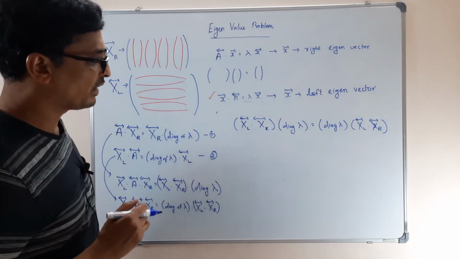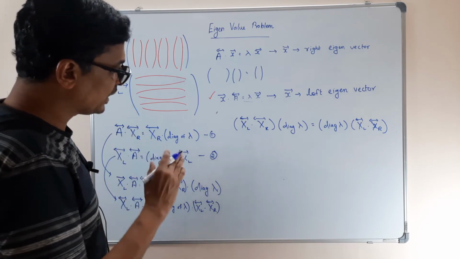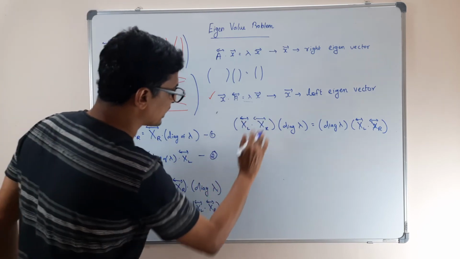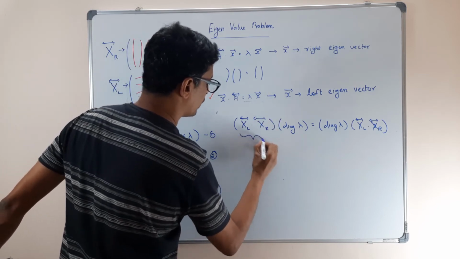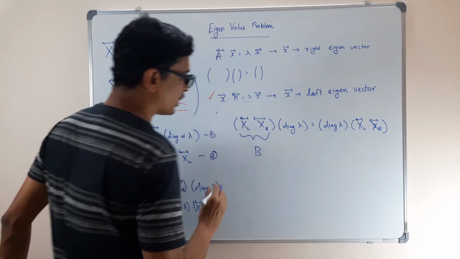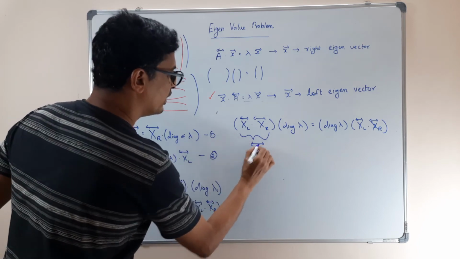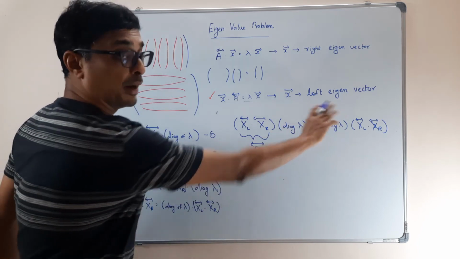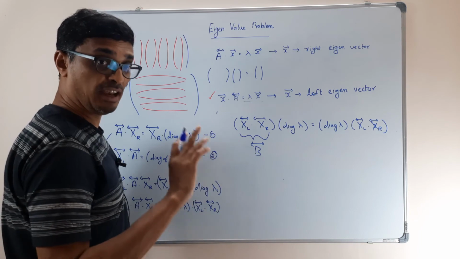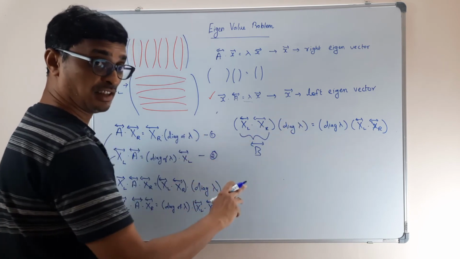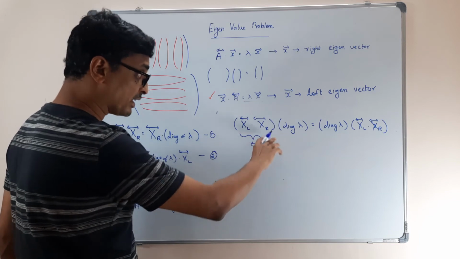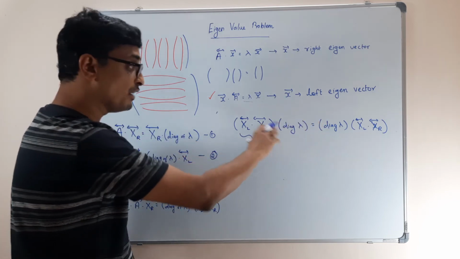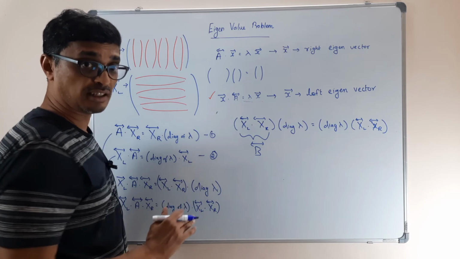Now, interestingly, let us call this matrix B. Then this matrix B is commuting with a diagonal matrix. Any matrix commuting with a diagonal matrix itself has to be diagonal, otherwise it can't commute.